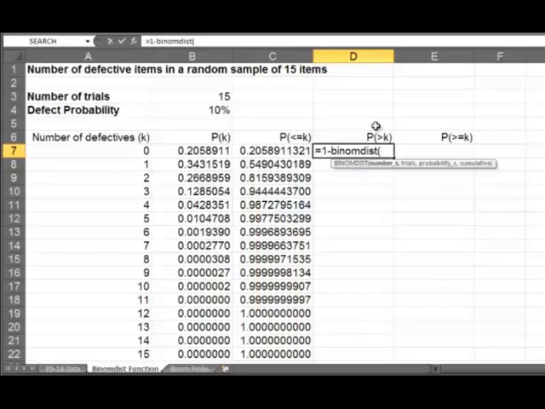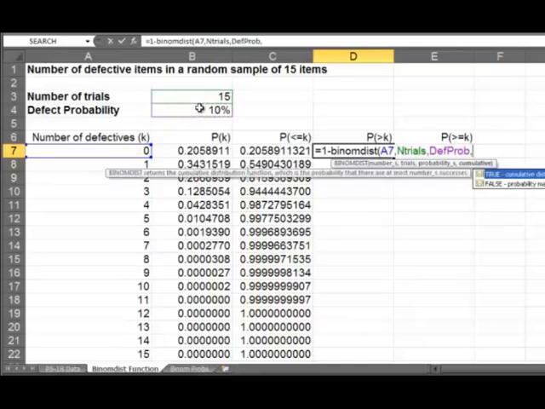So here I want to know the probability of being greater than k. So I don't want the probability at k to be included in my final result. So that needs to be included in the part that I'm subtracting. So the part that I'm subtracting here is going to be k and anything below. So I'm going to say 1 minus binomial dist of k, comma, n, comma, p, comma, 1.